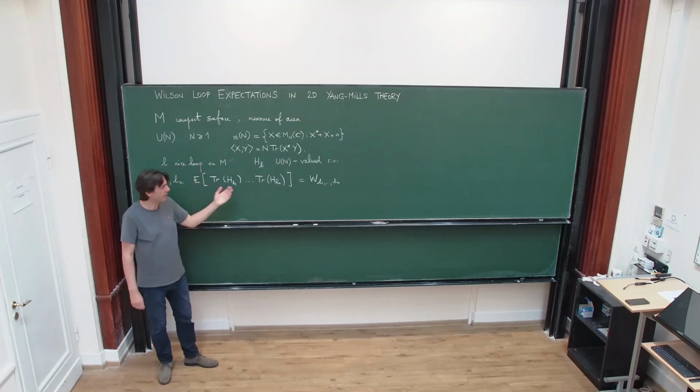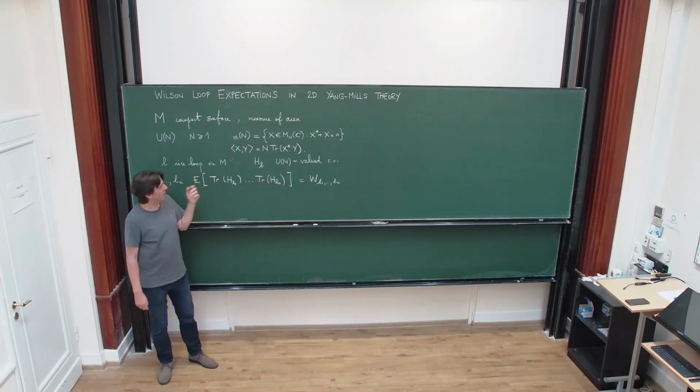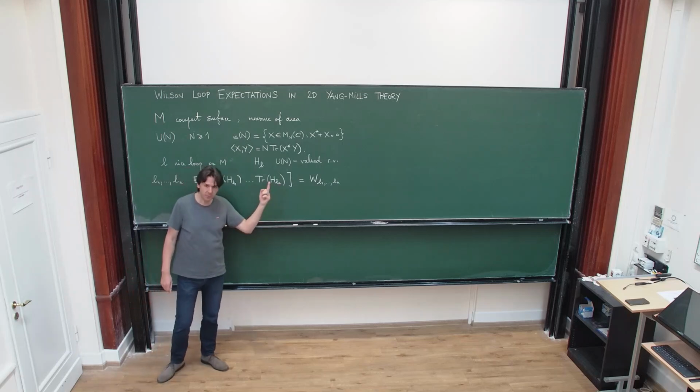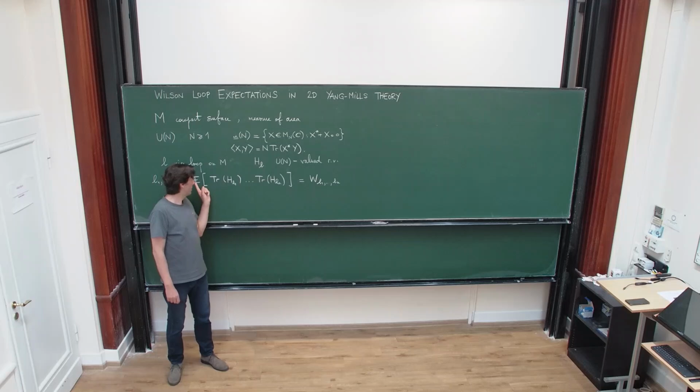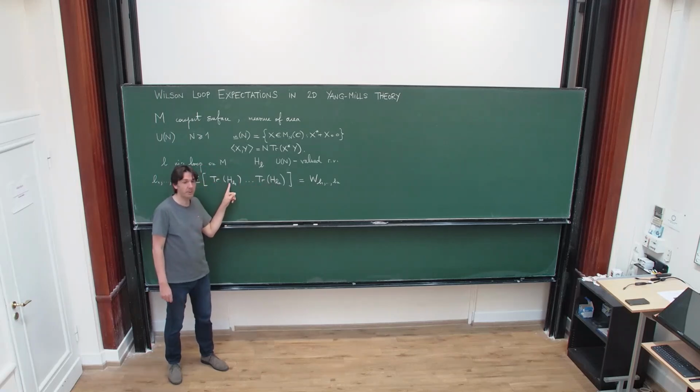Certainly these are natural numbers to compute. You might wonder if these numbers are enough to describe the distribution of this family of random variables, and you might find it quite natural to consider not only the expectation of a product of traces of these matrices, but traces maybe of powers of these matrices.